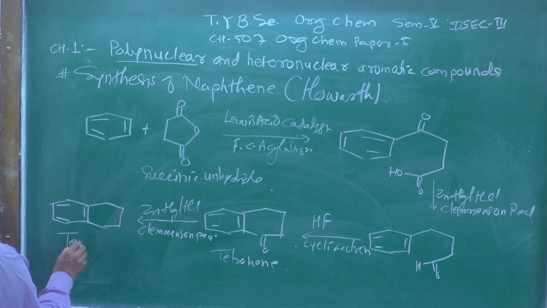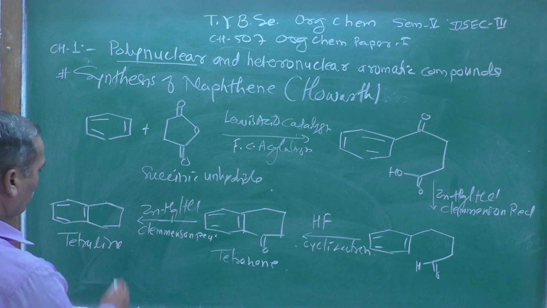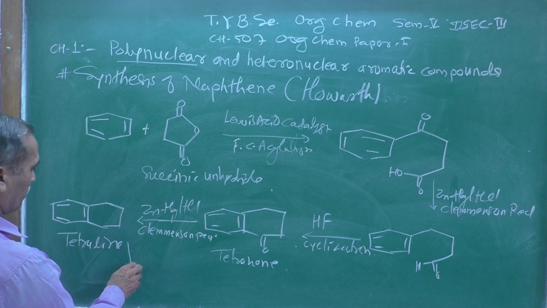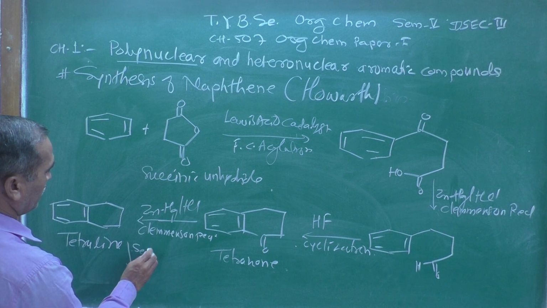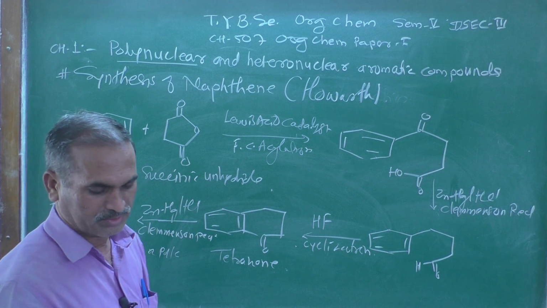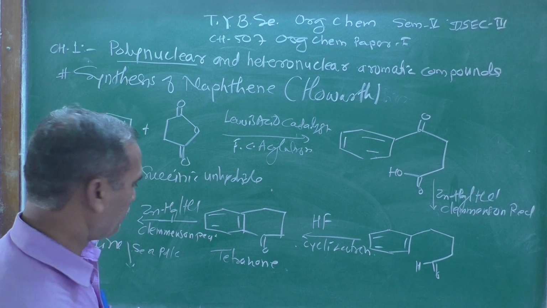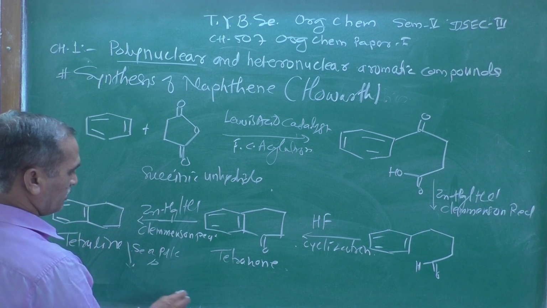The compound which we got is a tetralin, and now this tetralin is further treated with selenium or palladium in presence of charcoal, and the resulting compound obtained would be heated.